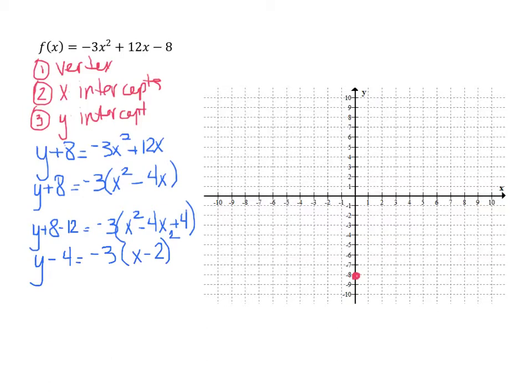So now I know that the vertex is the point (2, 4). I can plot the mirror image of this point. So there's my axis. This y-intercept is 2 units away, so I'm going to have another point that's 2 units away on the other side.